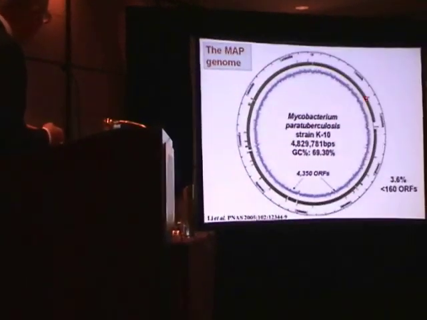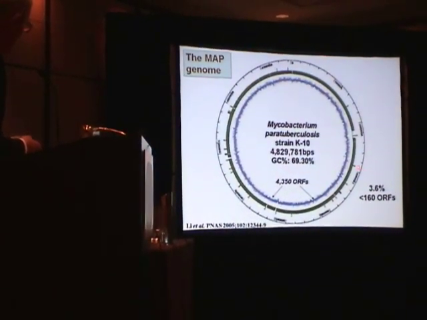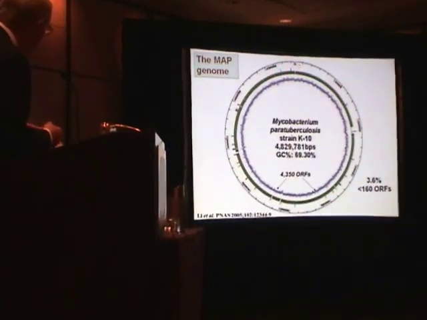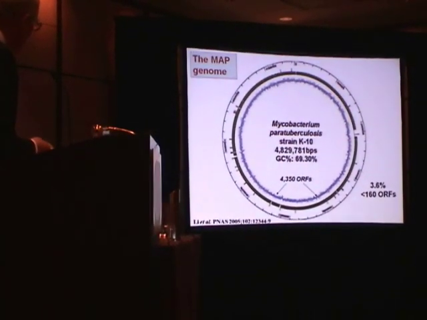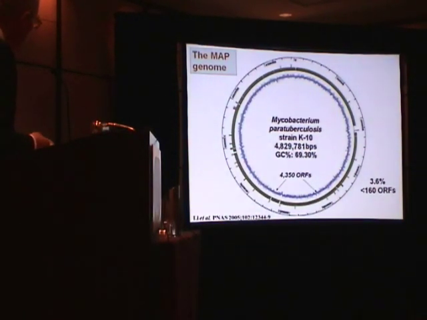Throughout the genome, mostly in these green areas, there are up to about 47 insertion elements, of which the most frequent, in 14 to 18 copies, is one called IS900, inserted in highly conserved sites throughout the genome.